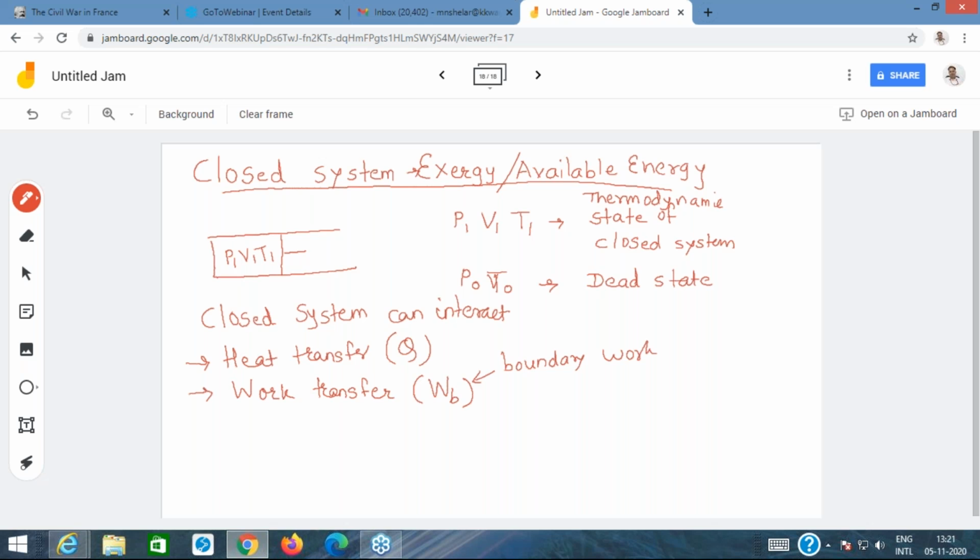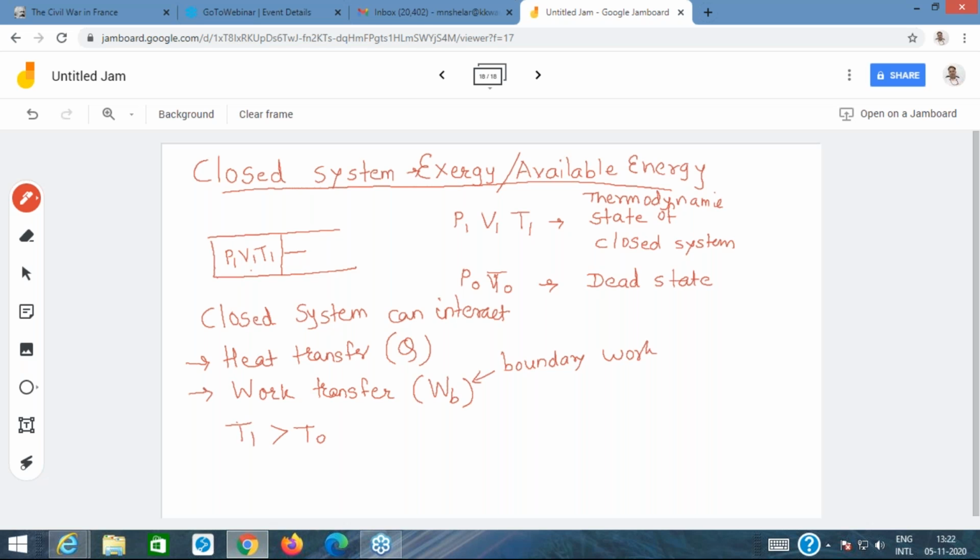So how much of this is available? Now, as I said, this closed system is at a higher temperature T1, so let us say that T1 is greater than T0.